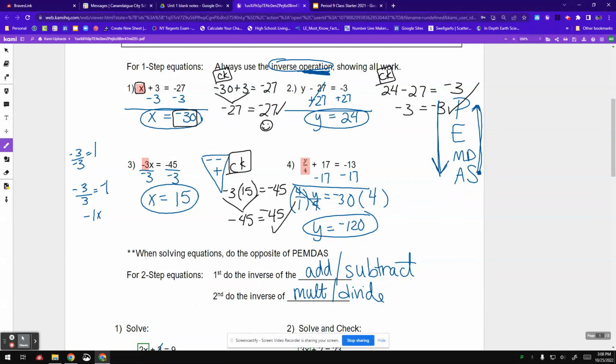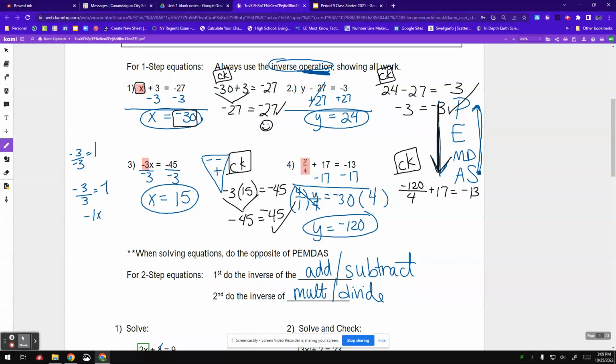Check. I know it seems simplistic to you right now, but you can see that the problems are getting more complicated as we move on. So I'm going to replace the y with negative 120 divided by 4 plus 17 equals negative 13. Now that I have all the numbers, I'm going in order, what you know as PEMDAS.